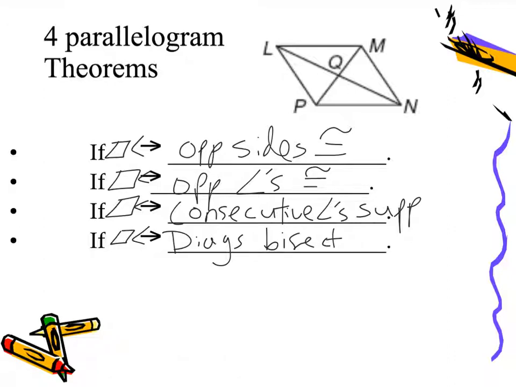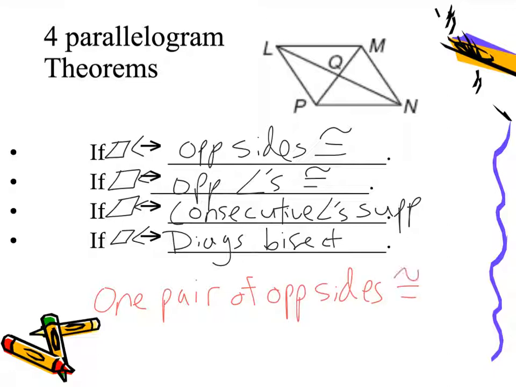One thing that I do want to add in here that you can write in your notes right now, but we'll officially cover it tomorrow, is a way to prove that it's a parallelogram. If you have one pair of opposite sides congruent and parallel, then it's a parallelogram.